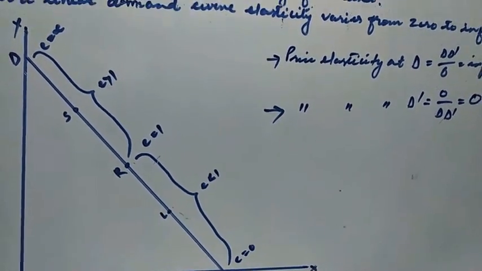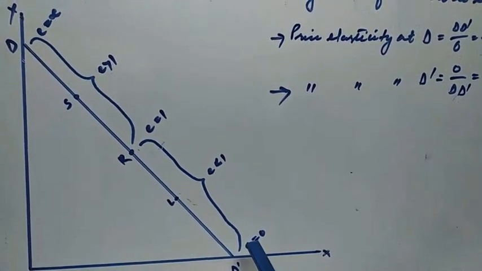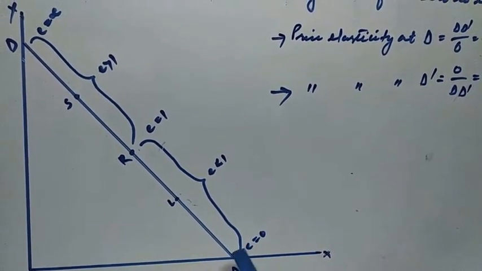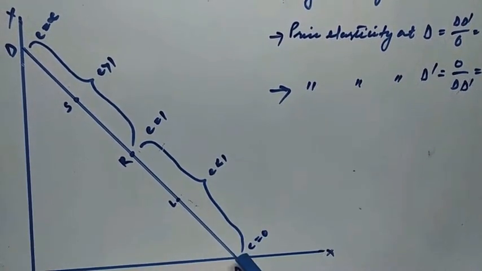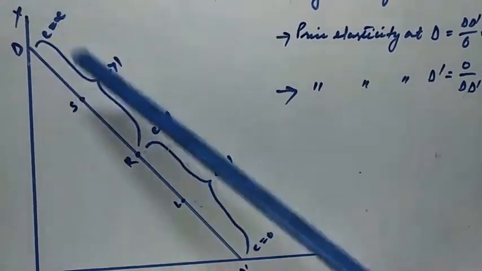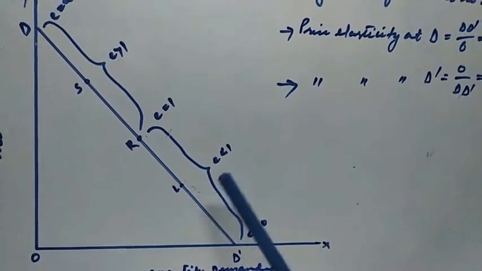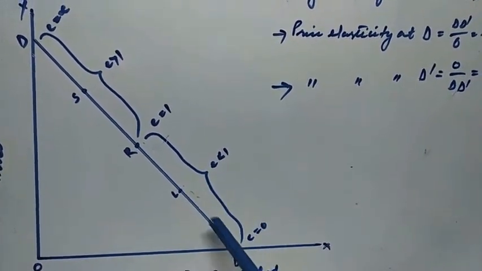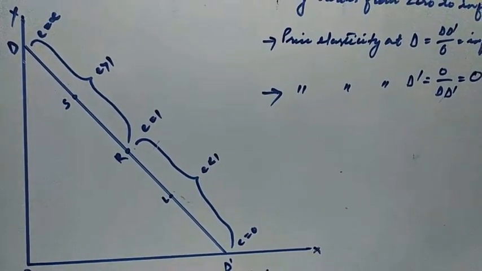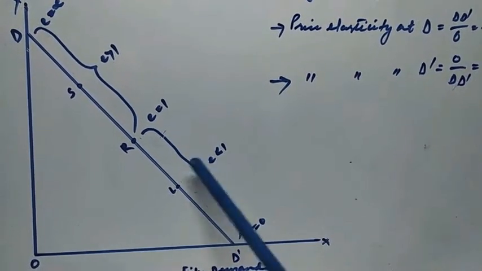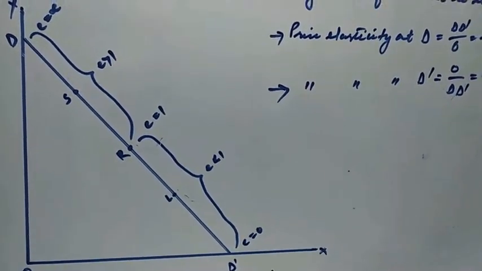In this case, the elasticity, which is equal to LD dash divided by LD, will be less than 1, because the lower segment, that is LD dash, is less than LD.